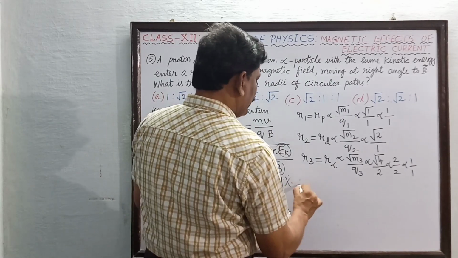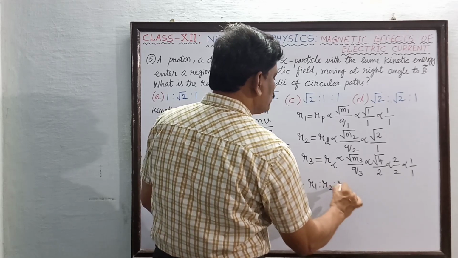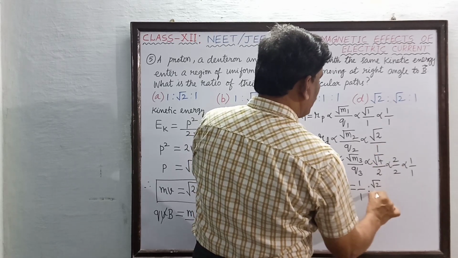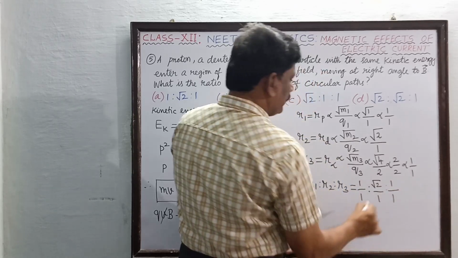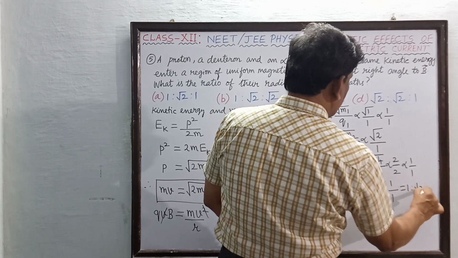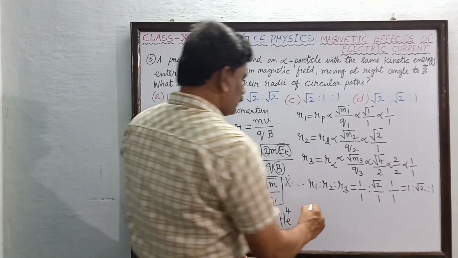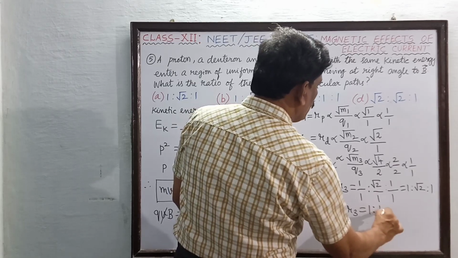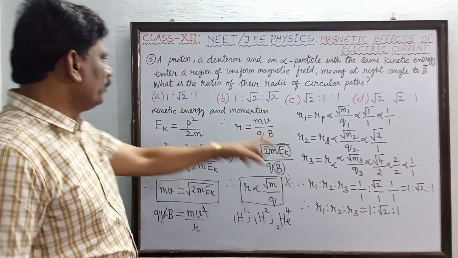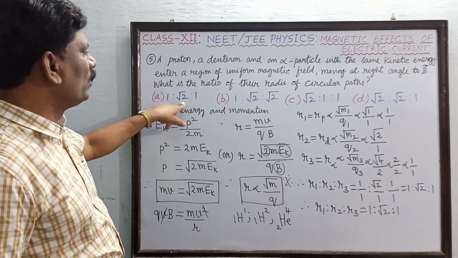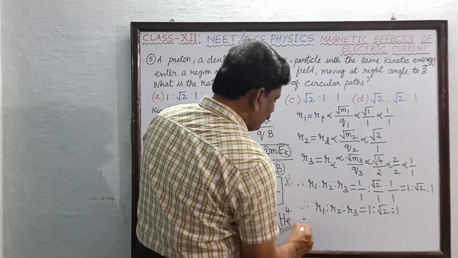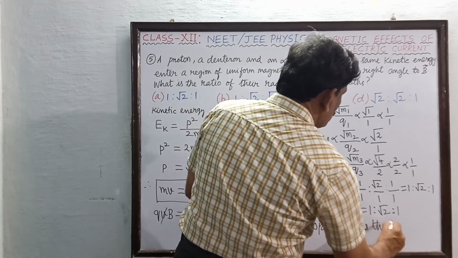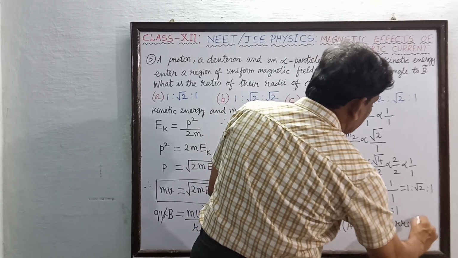Therefore, the ratio of their radii R1 is to R2 is to R3 is 1 by 1 is to root 2 by 1 is to 1 by 1, or 1 is to square root of 2 is to 1. Option A is the correct answer.